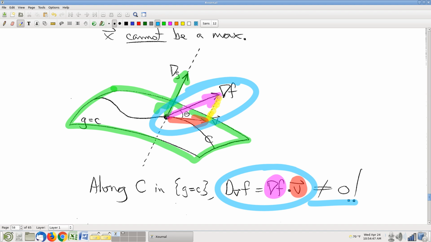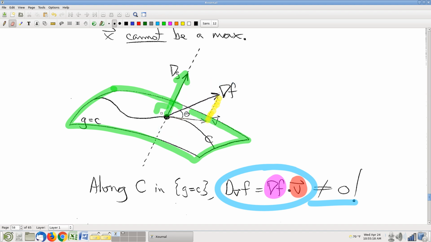Everybody see the point there? So yeah, we recover. We were disappointed that you can't go in the direction of the gradient, and so that argument fails. But I can go almost in the direction of the gradient, and that's fine. And again, I've eliminated this as a possible maximum. There's no way that point there could be a maximum because the function's still increasing as you move in the direction of that red vector.